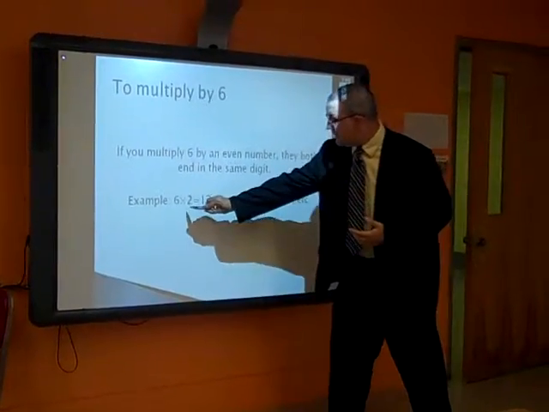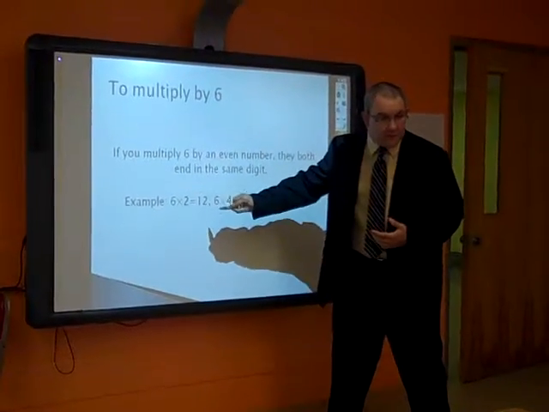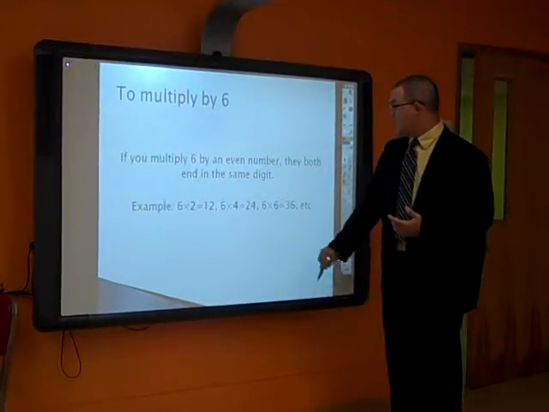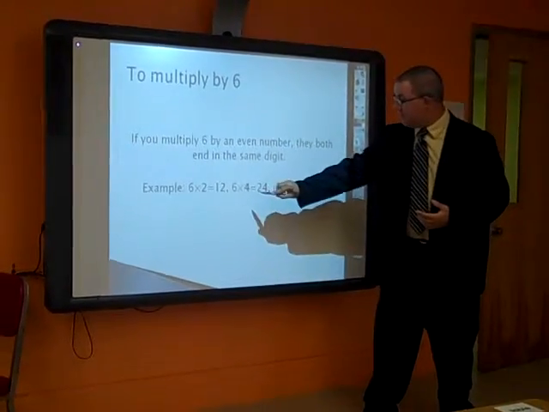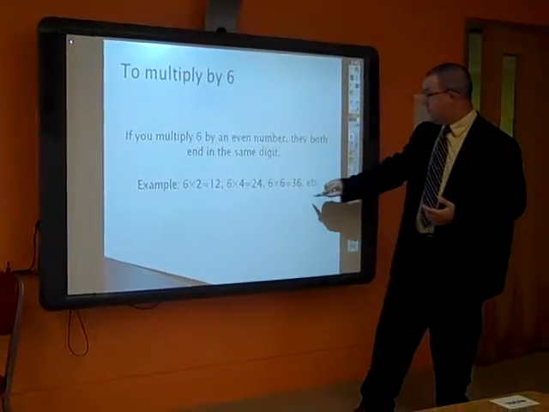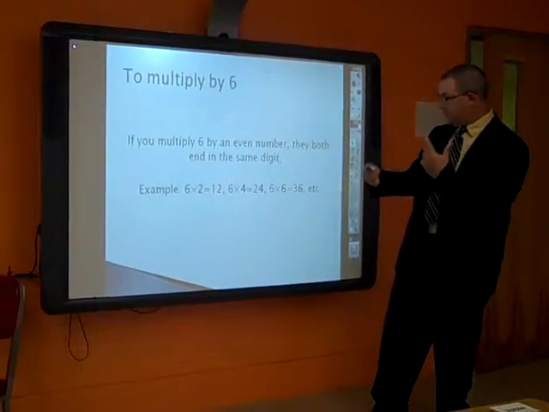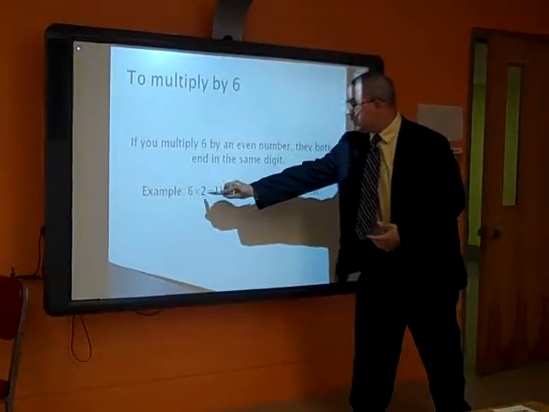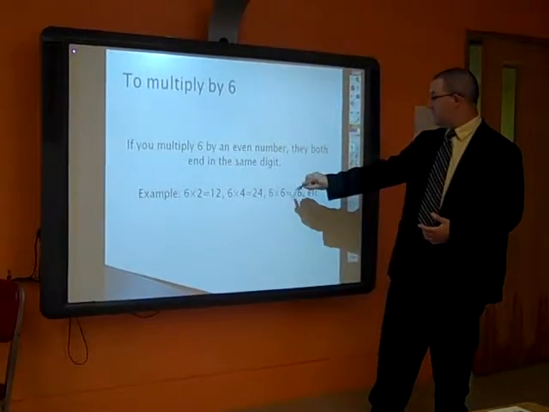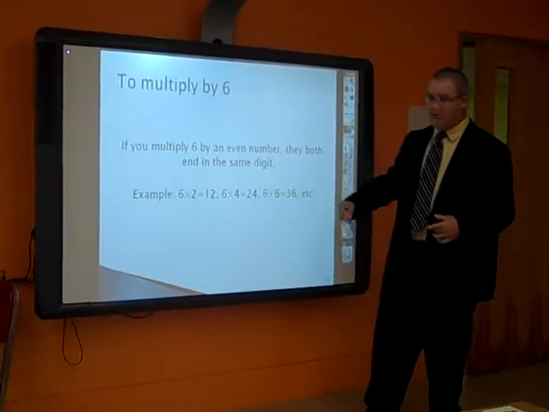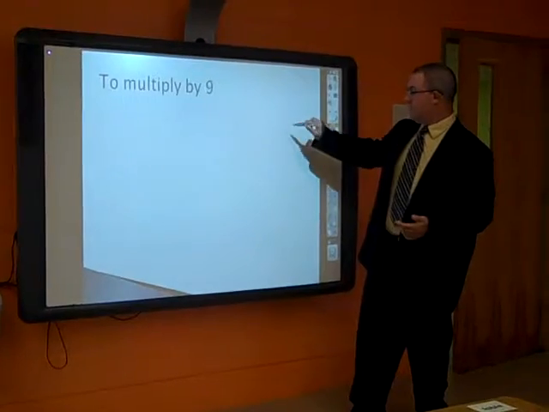Do you notice that the 2 and the 12 both have the same digit here? Okay, 6 times 4 is 24. You'll notice a pattern going on here? Okay, that'll help you start. Okay, 6 times 2, 12. 6 times 4, 24. 6 times 6, 36. Okay, y'all see the pattern going on right there?